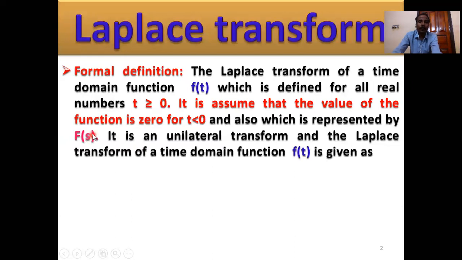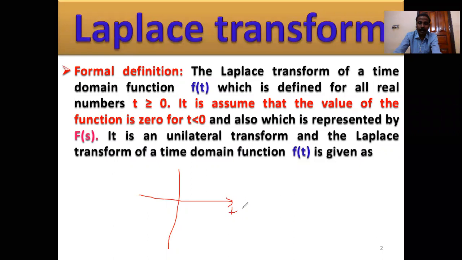So this is the time domain function, denoted f of t, defined for all real numbers t greater than or equal to 0, along the real axis from t equals 0 to t tends to infinity.